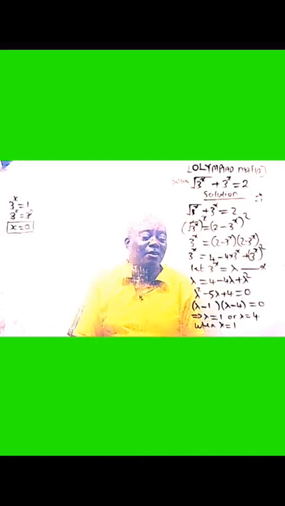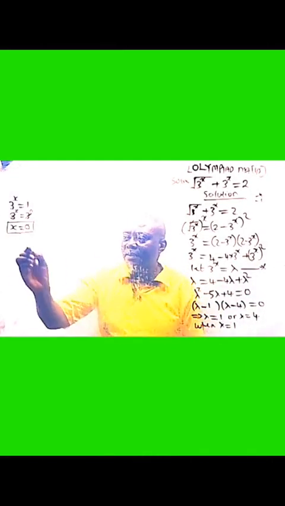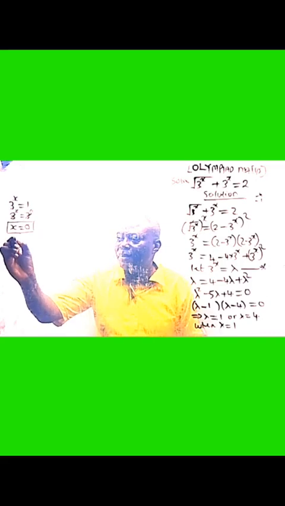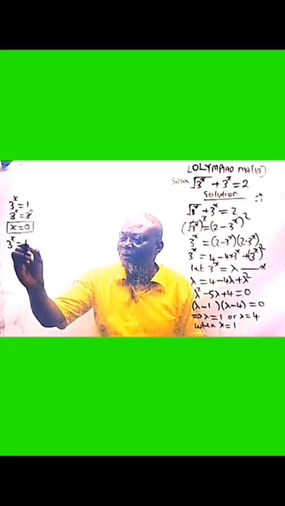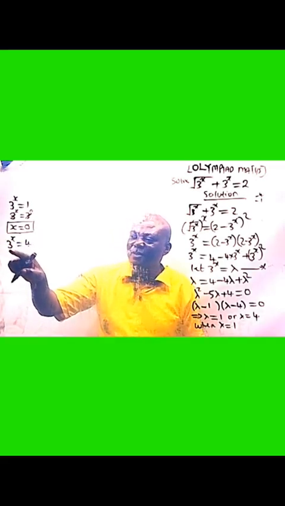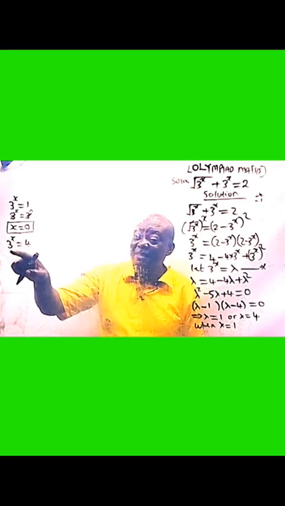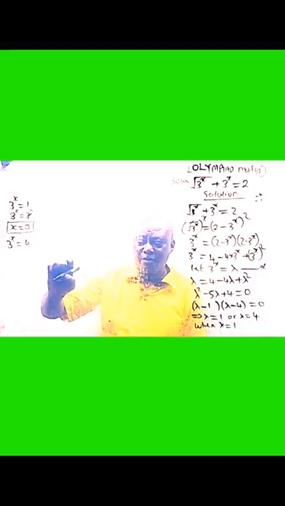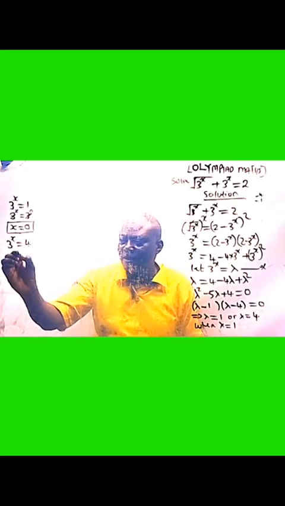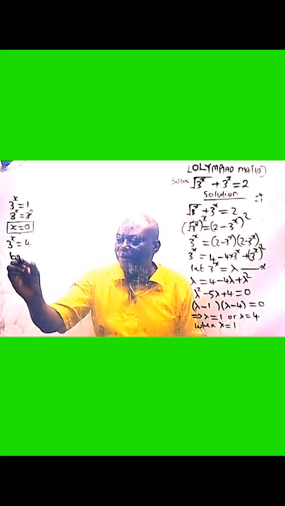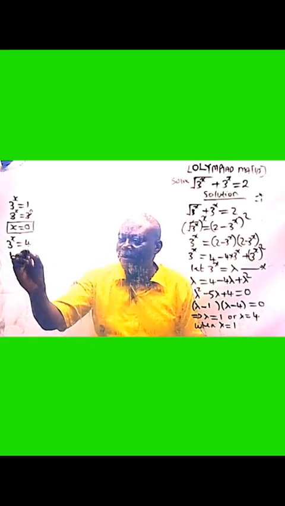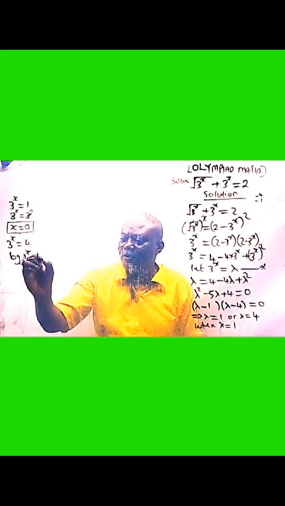So when lambda equals to 4, then 3 to the power x will be equal to 4. So there's one number which 3 will be raised to give us 4. We now take the log of both sides. So we have log of 3 to the power x equals to log of 4.